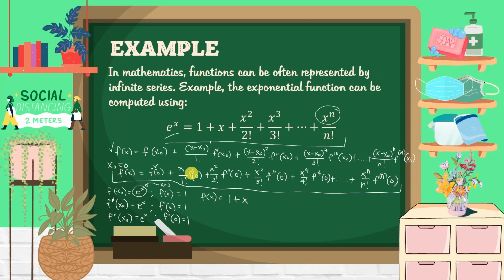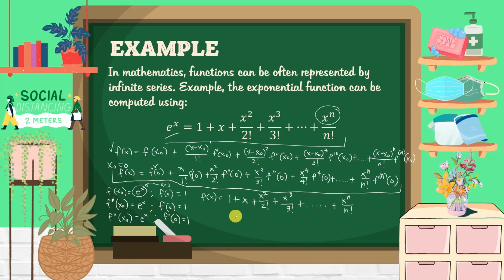The first derivative at 0 is also 1, so we no longer need to multiply by 1. Plus x squared over 2 factorial, multiplied by the second derivative, which is also 1. Then we have 3 factorial, plus so on and so forth, until x raised to n over n factorial.